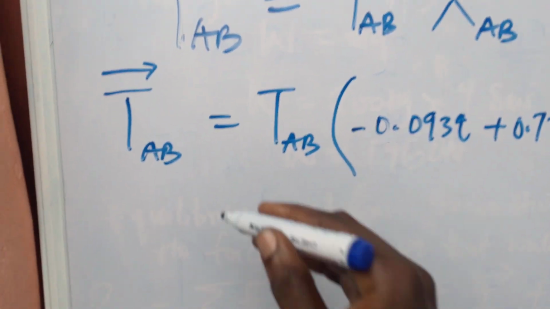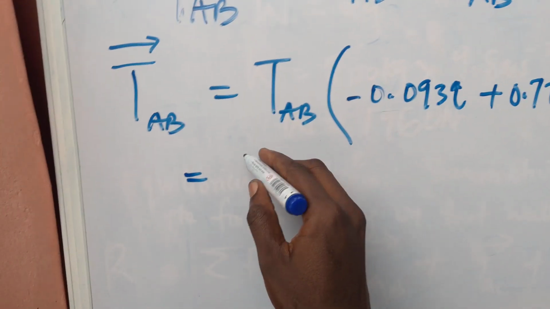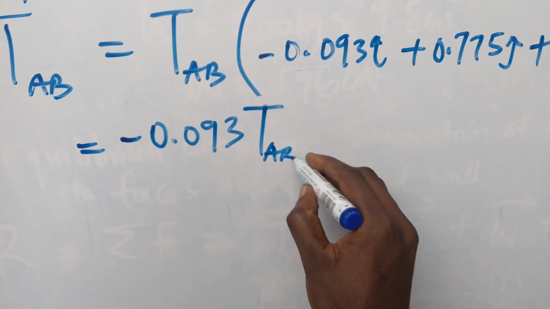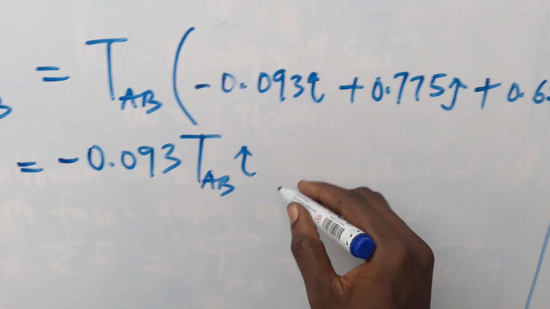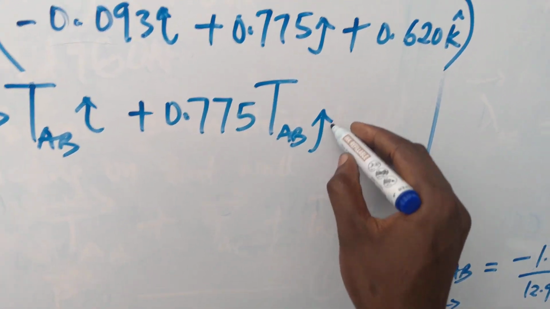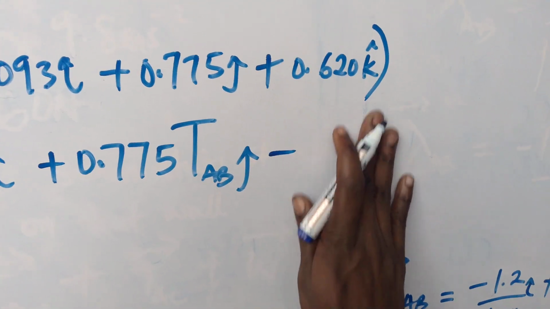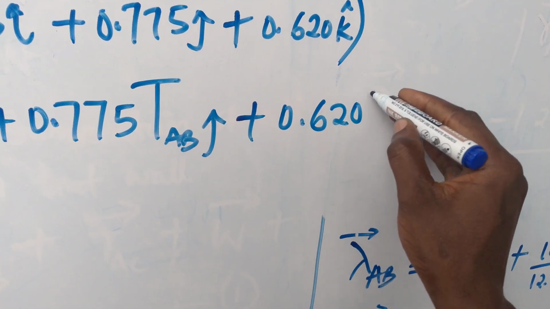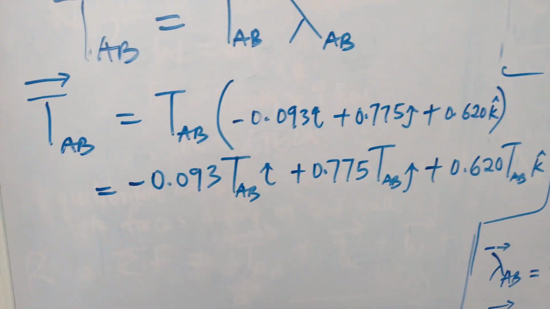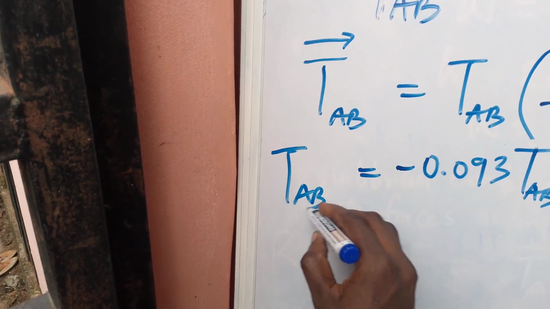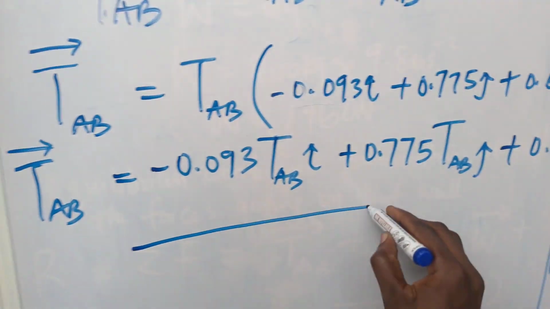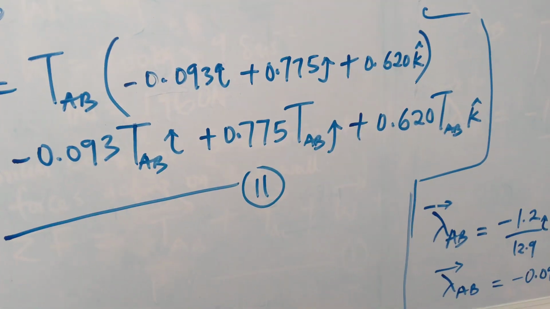Expanding, TAB times this gives minus 0.093 TAB i, plus 0.775 TAB j, plus 0.620 TAB k. This is the tension force TAB, which we can call equation 2.